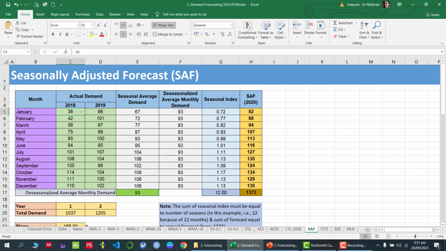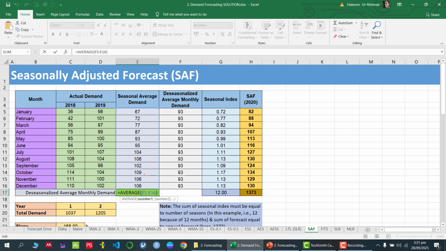What we have done is calculate the average of these two over here. Then, in order to calculate the seasonal index, we need to deseasonalize the monthly demand. How can we do that? We take the average value of these, not the sum.